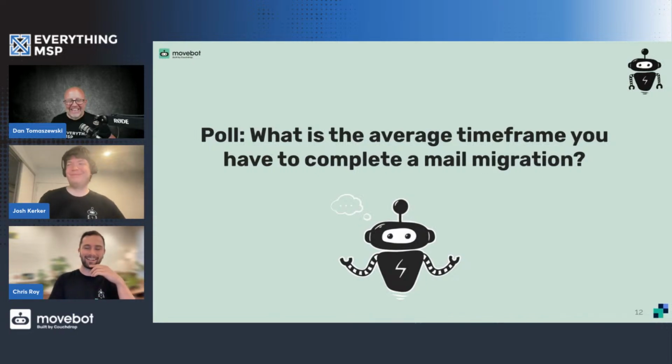We see a bit of a mixed bag come through. Something people often run into with mail migrations, especially if they're not super familiar with them, is that mail can take a deceptively long period of time compared to a data migration.